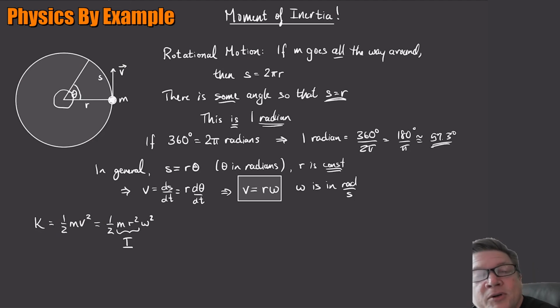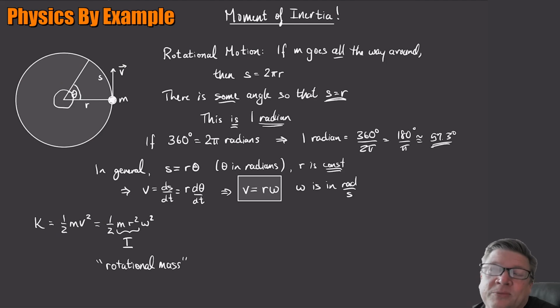We call it the moment of inertia and give it a funny letter I. But really, this is sort of the rotational mass. That's another way of thinking about it. And then the kinetic energy is 1/2 rotational mass times the rotational speed squared, right? So it's the same sort of idea, just written in terms of different letters.